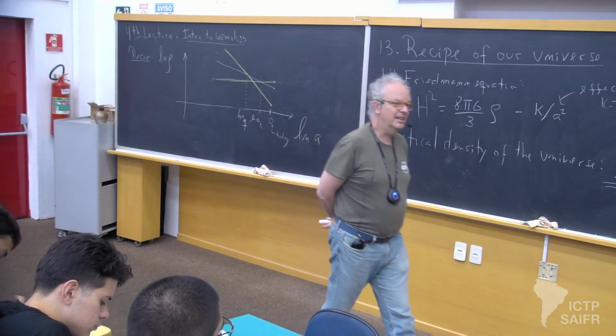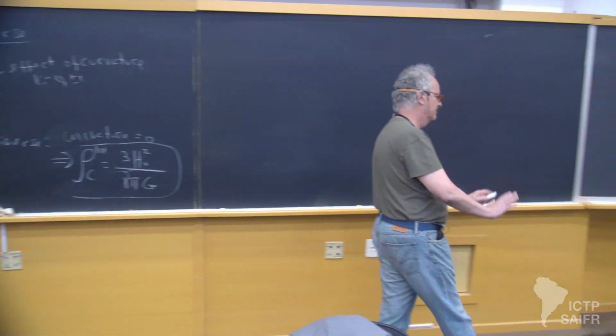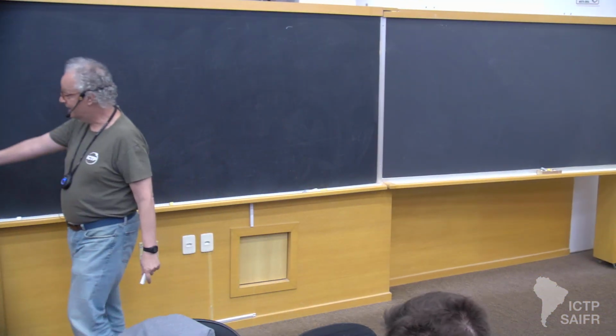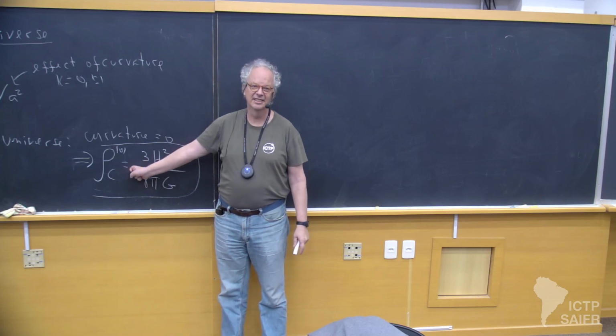So when we say that the universe has no curvature, or very close to 0 curvature, it means that we are in a situation where the total energy density of the universe is the critical density.